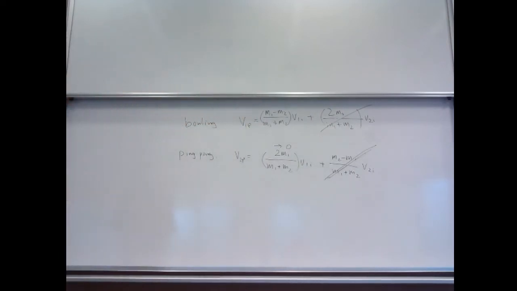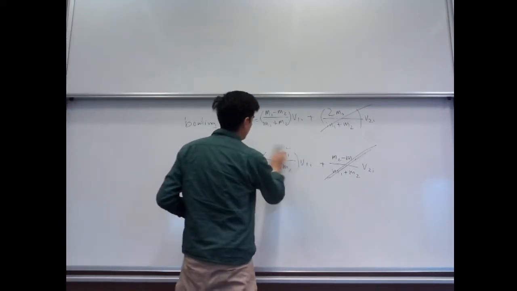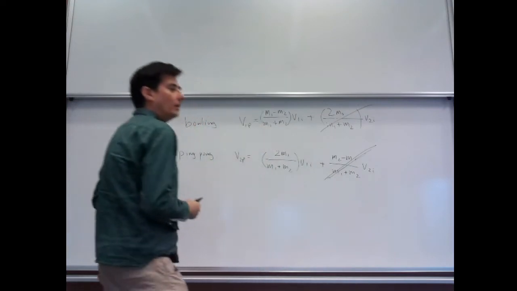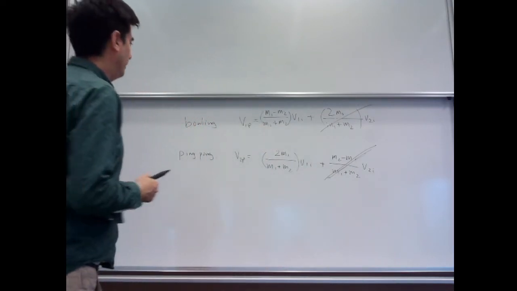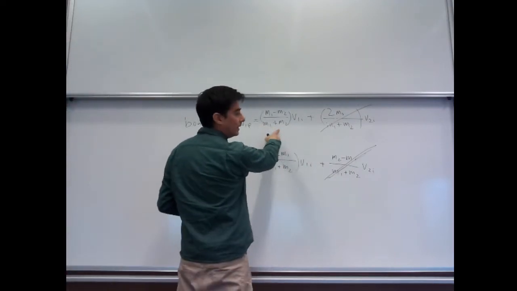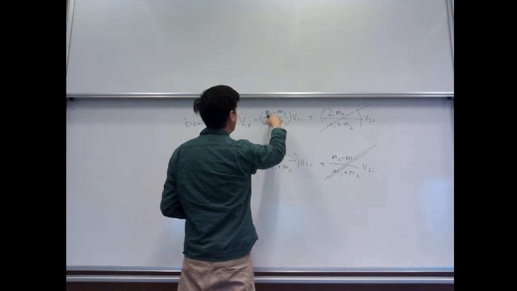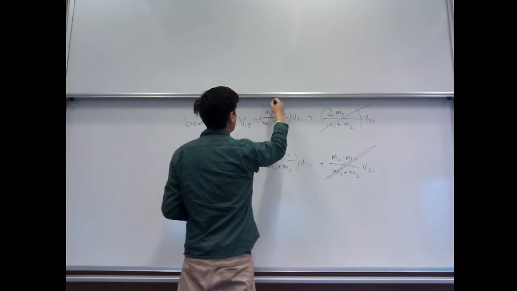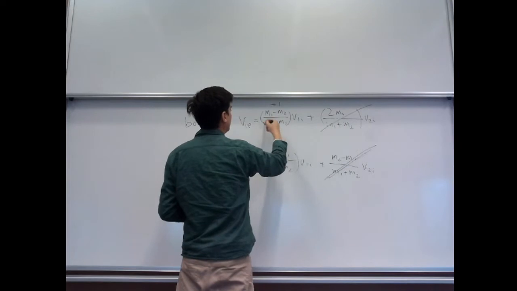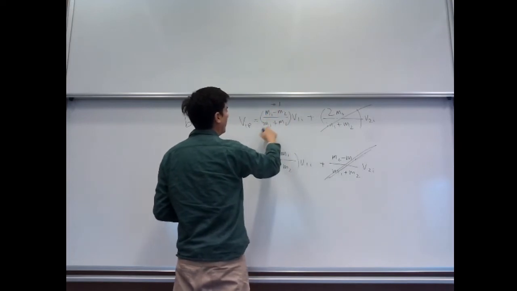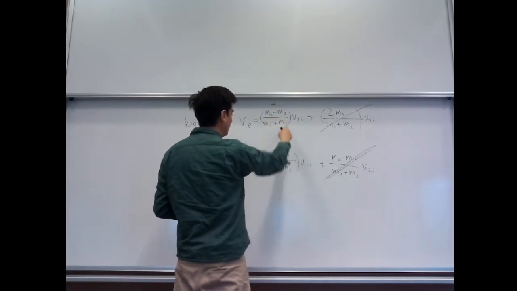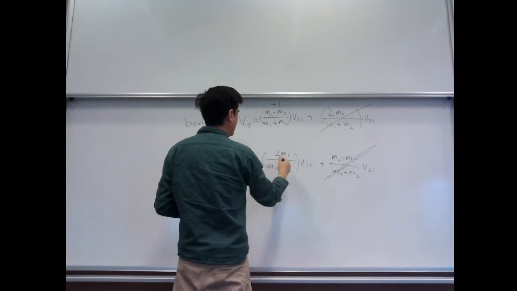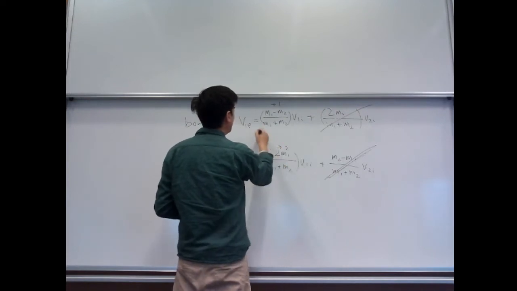And in this case, M1 is much bigger than M2. So this factor is basically 1, because M2 is very small. And in this case, this factor here is basically 2.